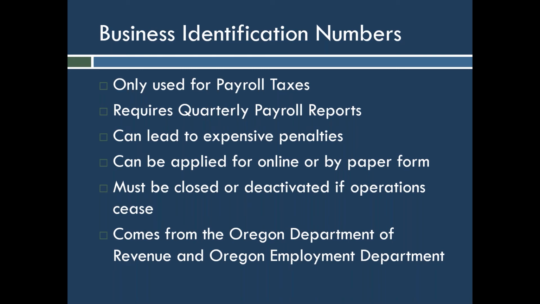A lot of other small businesses that are just ceasing operations can do so passively. But if there is a BIN in place, that BIN must be closed, or else you risk the $10,000 penalties that I mentioned earlier. Many businesses accidentally get a BIN thinking it's a requirement.